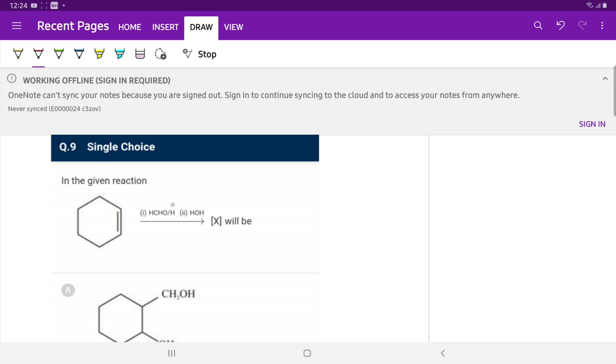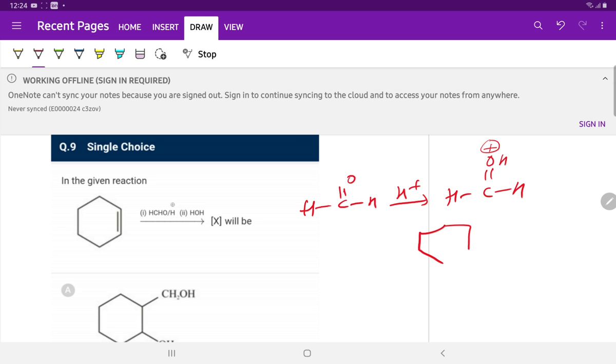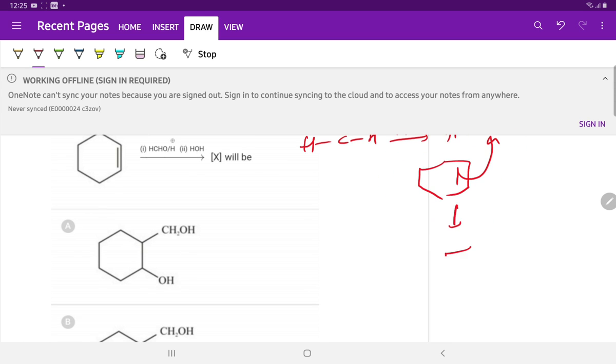In the given reaction, X will be HCHO, formaldehyde, in the presence of acid forms a carbocation, and if this alkene reacts with this carbon, the product is this.